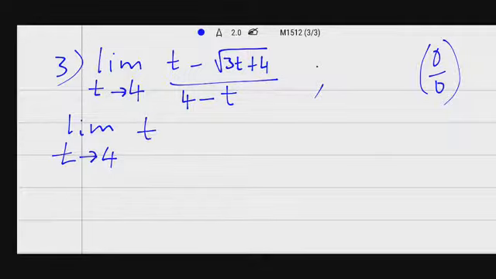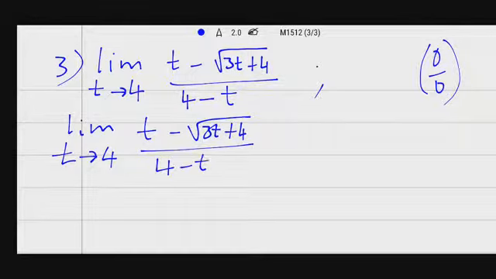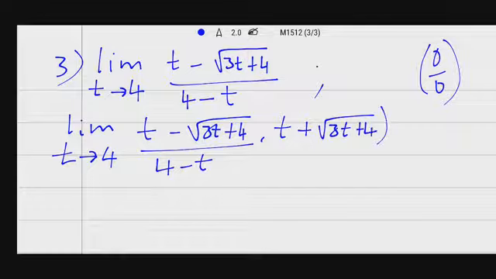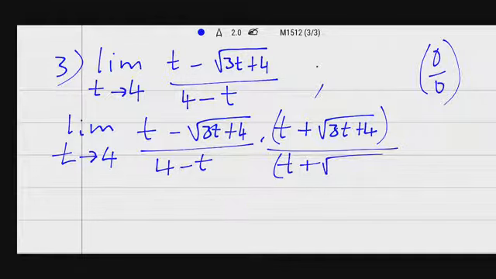We have t minus root of 3t plus 4 over 4 minus t, and then you multiply that by t plus root of 3t plus 4. I'm sure you're good at rationalizing, that's why I'm just writing the terms. We have done that a lot in algebra.